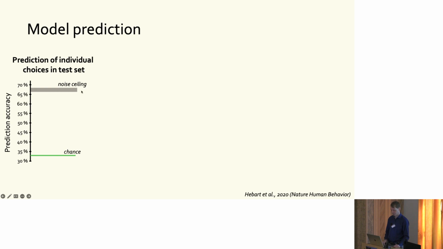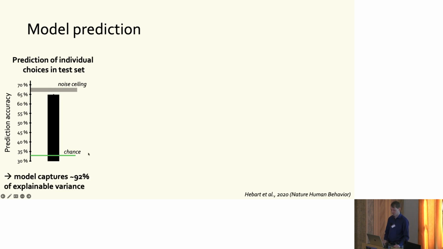The ceiling of what we can measure is determined by the consistency of people's choices. So how consistent are people's responses? And they're going up to about 66 or 67%. So here's the model performance, and what you can see is that this model is really approaching the noise ceiling. In actual fact, it's capturing 92% of the explainable variance in the data. So I'm thinking that what this tells us is that this model is doing a fairly good job despite it being so simple.